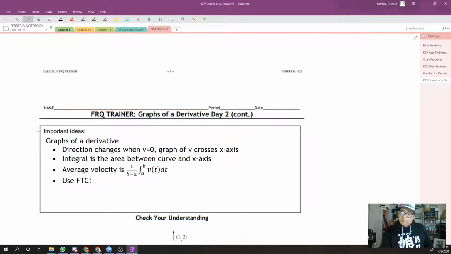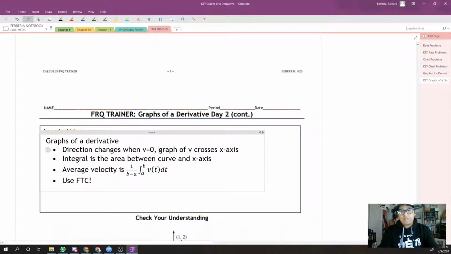I think there was a problem in the past where that wasn't true, and that's because they didn't give you the graph of the actual velocity. I think they gave you the graph of velocity plus 10 or something like that. But as long as you set the velocity equal to 0, you should be able to get this graph. So let's write the word usually.